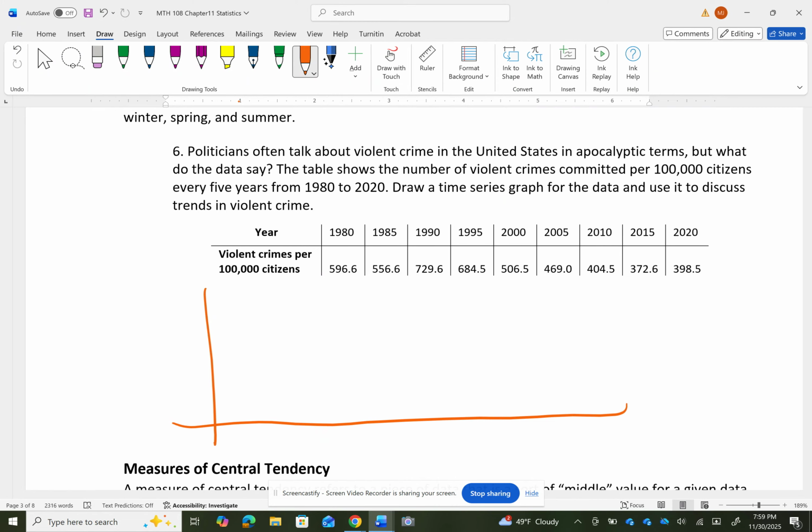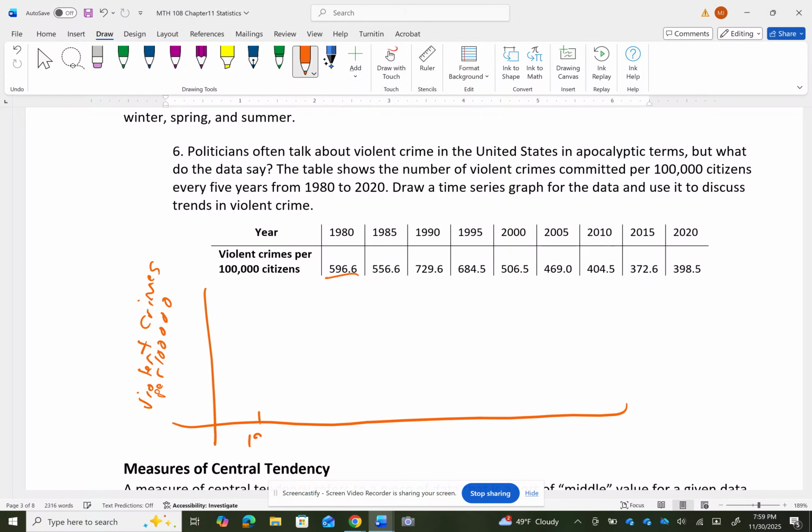I would probably write it this way: violent crimes, and these were per 100,000. So you would tell people that, so you didn't have to write 596,600 people. You would just say per 100,000 over here. And then across the bottom is where I could put the time.